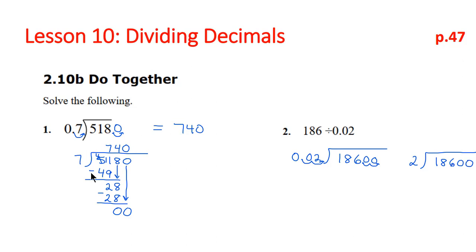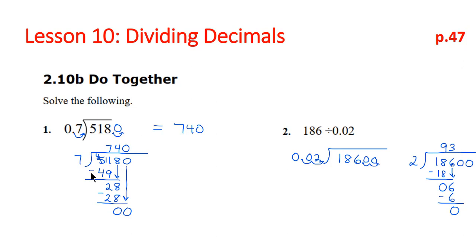And now we can divide. 2 does not go into 1, but 2 goes into 18 9 times. 9 times 2 is 18. We subtract, bring down the 6. 2 into 6 goes 3 times. 3 times 2 is 6. We subtract and we get 0.